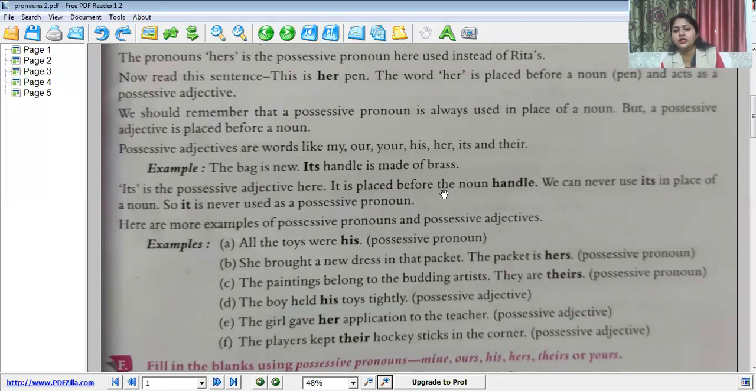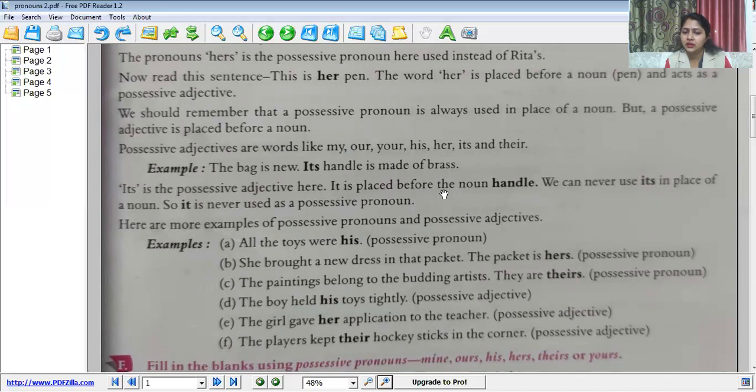She bought a new dress in this packet. The packet is hers. Again, it belongs to that girl there. So it's again a possessive pronoun. The paintings belong to the budding artists. They are theirs. Again, it's a possessive pronoun.